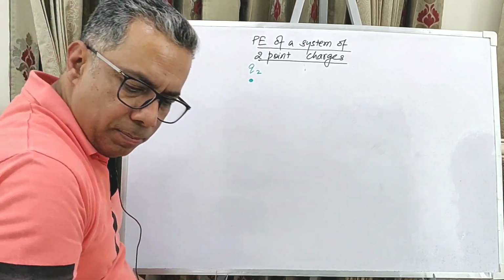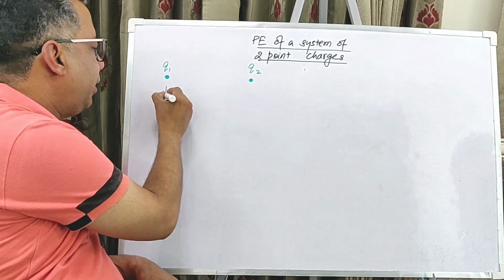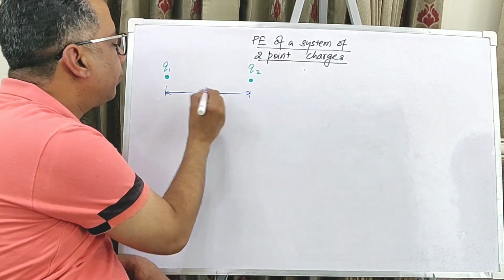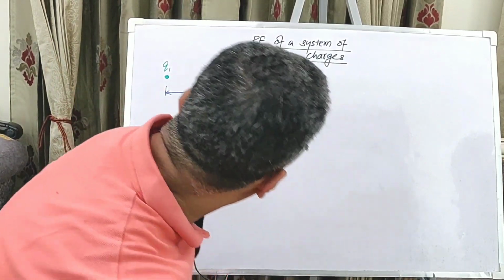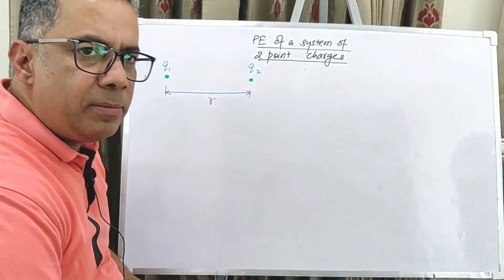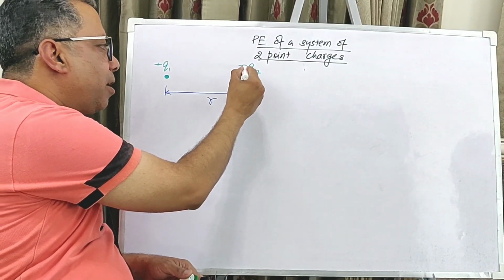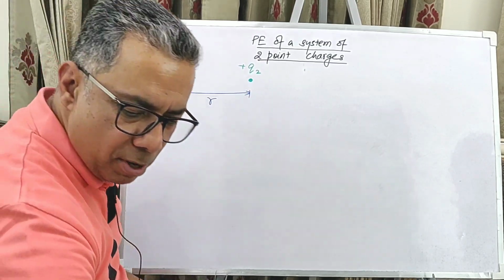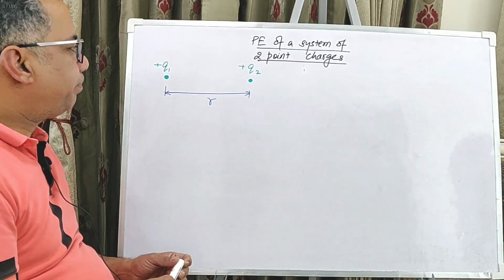The distance between these two charges is, let's say, R. Now we're interested in calculating the potential energy of this system of two charges. For the sake of simplicity in our discussion, we'll assume that the charges are both positive. Both these are positive charges and therefore they repel each other.